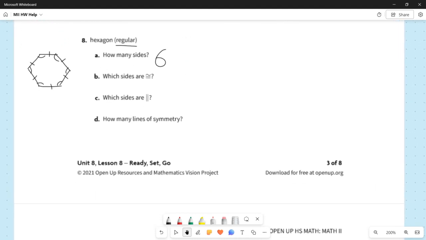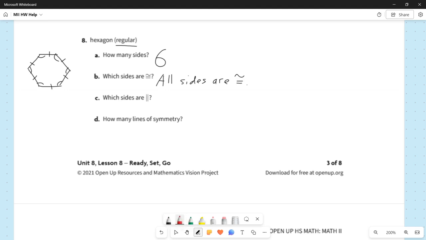Regular hexagon is like the same thing, except it's with 6 sides instead of 4 sides. So which sides are congruent? Well, it's regular, so by definition, all sides are congruent. Now, obviously, you can have a hexagon that does not have congruent sides, right?